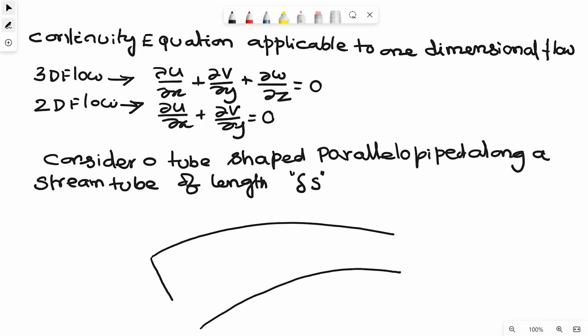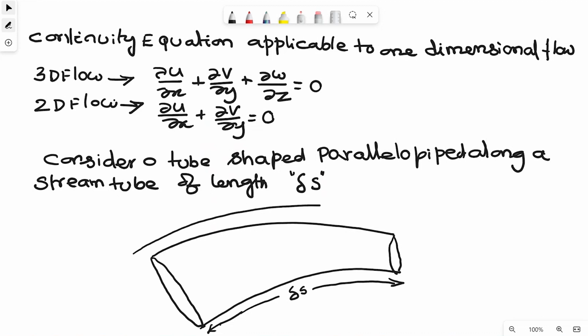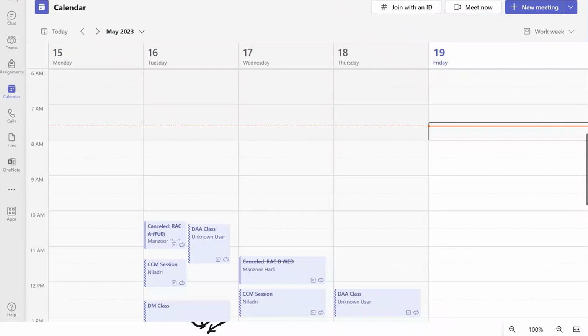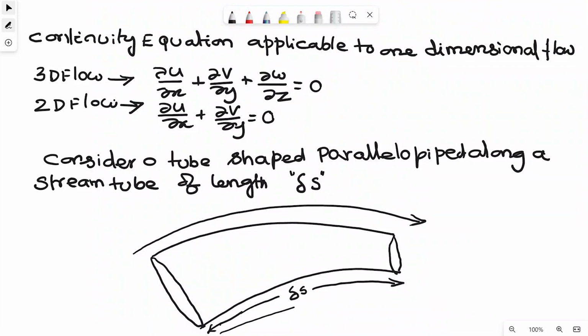So if you consider this as a stream tube of length delta S, it is bounded by the streamlines. This inner one is what we call the stream tube.